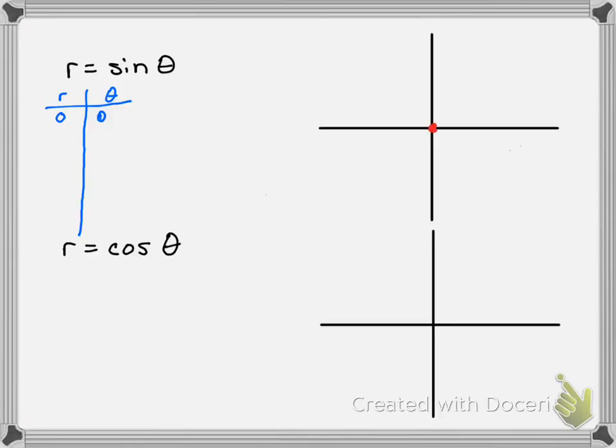All right, so the next one, we're going to go in increments of pi over 2. Sine of pi over 2 is equal to 1. So if you rotate pi over 2 and then go out a radius of 1, that gives you the coordinate for this point.